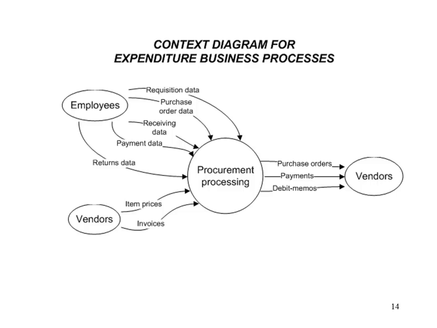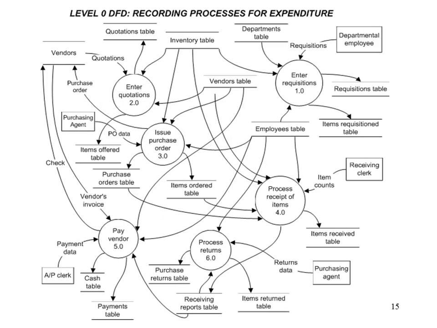What are the inputs? Requisition data, purchase order data, receiving data, payment data, returns data. From vendors we have item prices and you have invoices. What is the output? Purchase orders to vendors, payments to vendors, debit memos to vendors, okay?